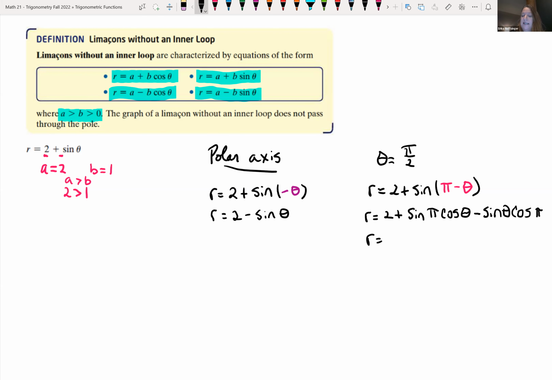So let's simplify this down a little bit. So we have r is equal to 2 plus, well, sine of pi, that's equal to -1, cosine theta, minus sine theta, and cosine of pi is equal to -1. And so we have -1 times this sine of theta. So r is equal to, and I made a mistake, sine of pi is 0.